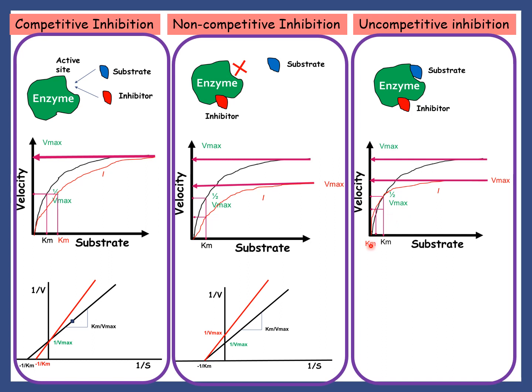So this Km calculation is for that lower half Vmax, and it is lower also because the dissociation of the enzyme substrate complex is now a little bit more difficult in the presence of the inhibitor, because the inhibitor kind of stabilizes this conformation.